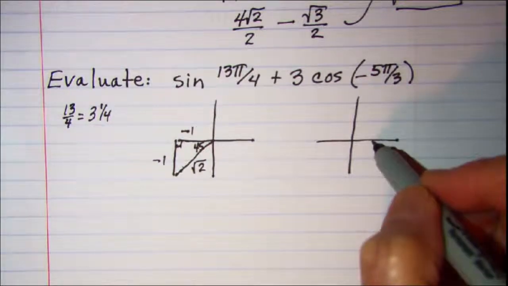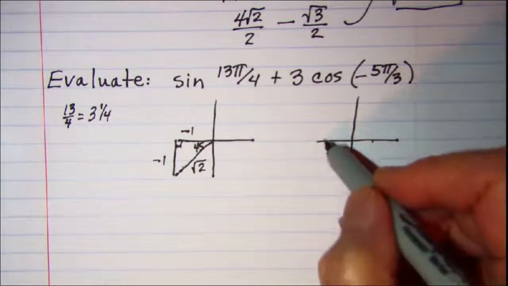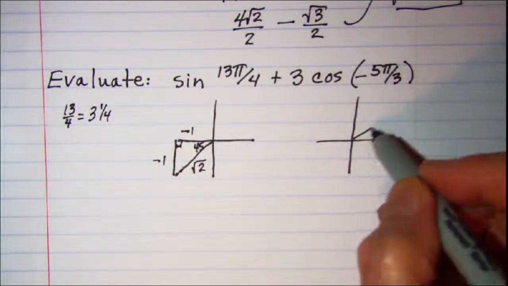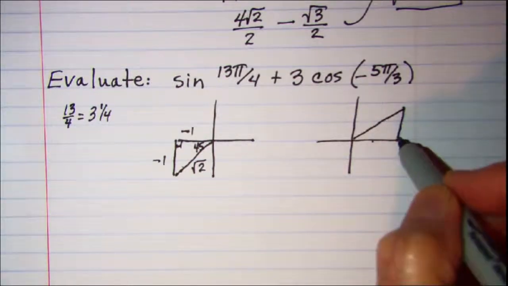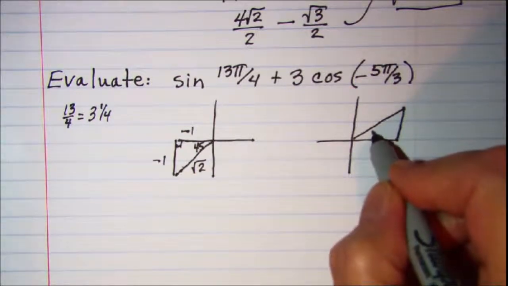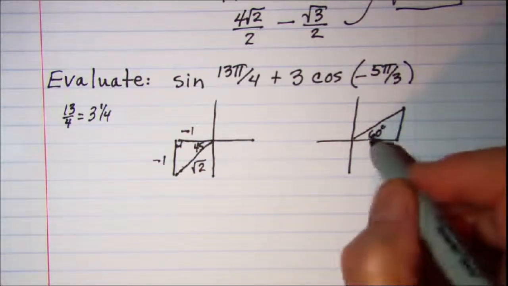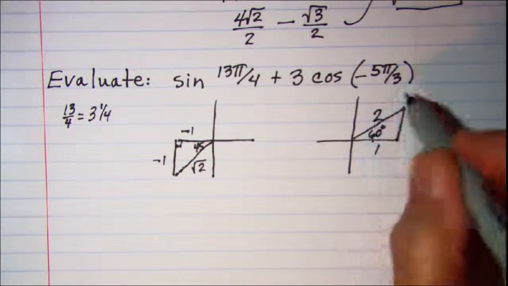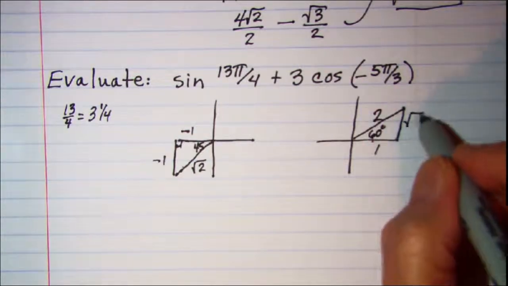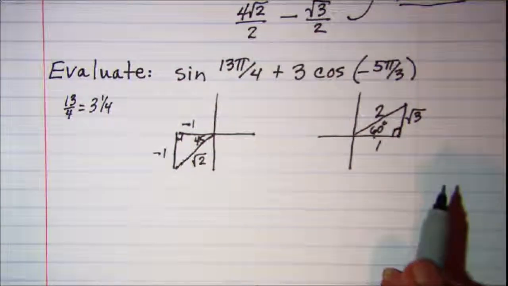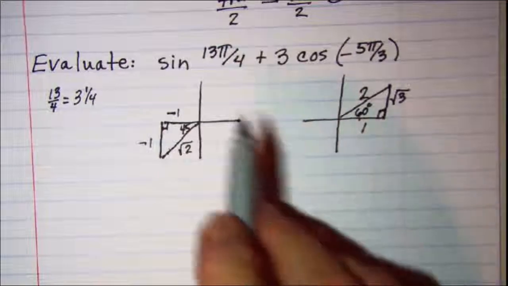So I'm going to start here and go around in the clockwise direction, and then stop at pi over 3, which is a 60-degree reference angle. If I put my numbers in, this will be 30, so we have 1, hypotenuse is 2, and a root 3. All of these sides are positive. So now we're ready to go.